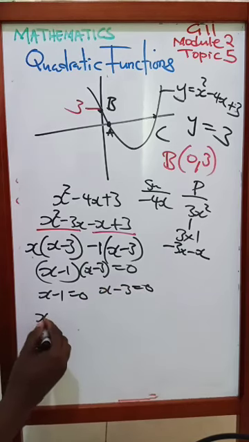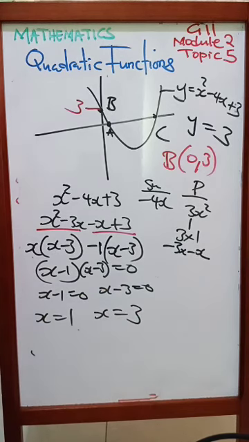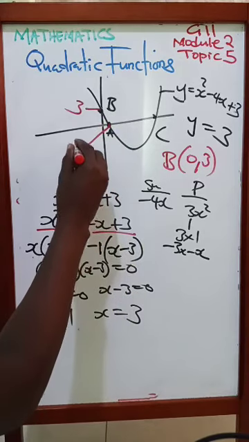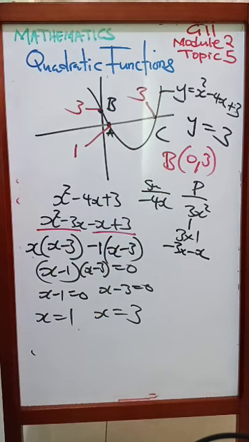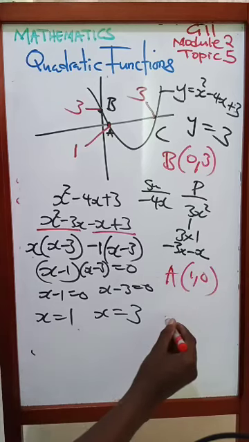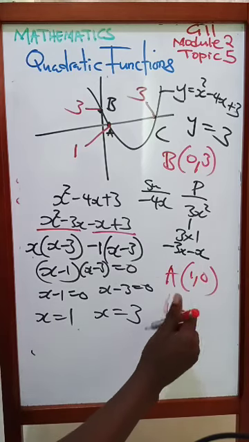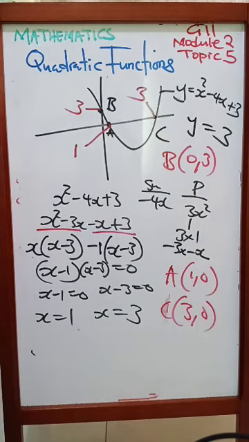This gives x = 1 and x = 3. That simply means the value at A is 1 and the value at C is 3. But those are not the coordinates, okay? To write the coordinates, the coordinate at A is (1, 0), and the coordinate at C is simply (3, 0). So basically, that's how you find the coordinates.